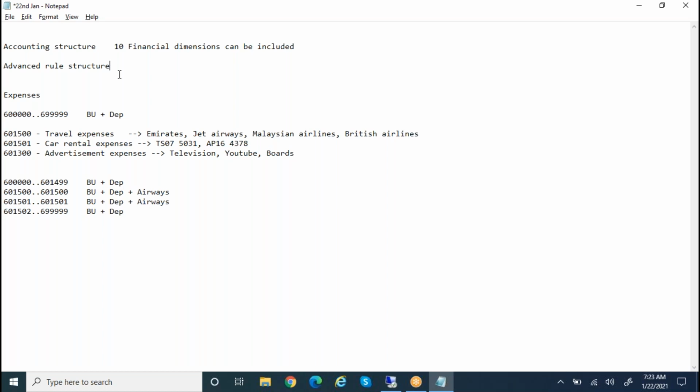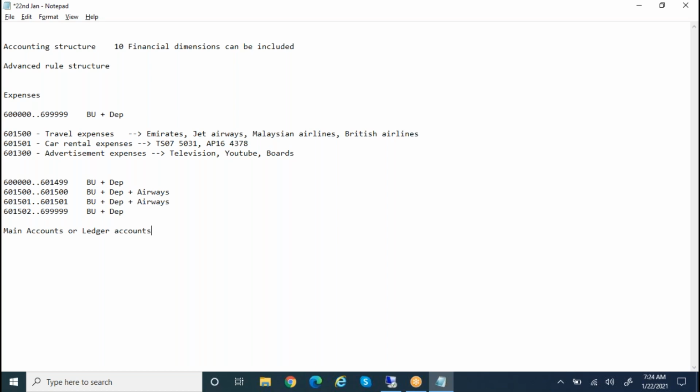Sir, as my understanding, this accounting structure will be applicable for the chart of accounts, and then the accounting rule structure will be under the ledger, right? No, it is for main accounts only. See, main accounts and ledger accounts are always the same.